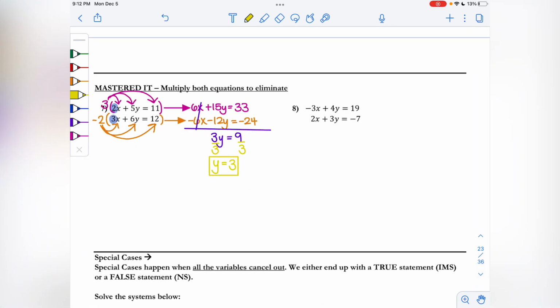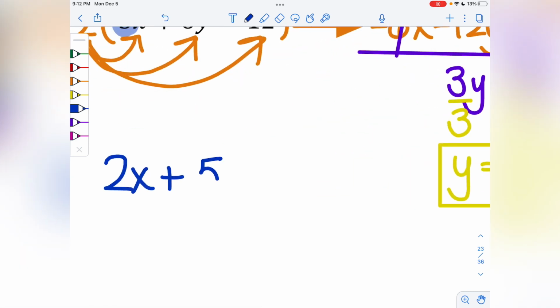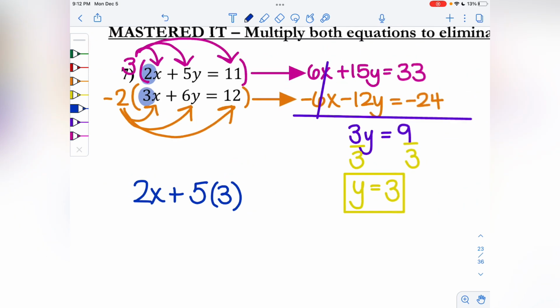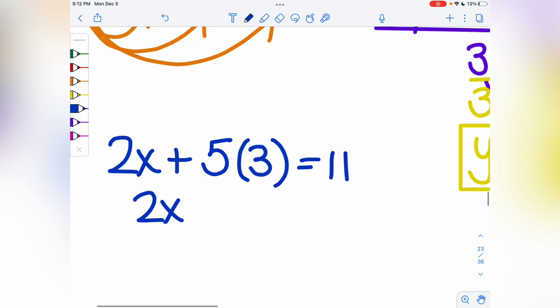All right, now I'm not totally done. I'm going to plug back in to solve for x, and I'm going to plug back into either of the original equations. I think the top one looks easier, so that's going to be 2x plus 5y. But I know that y is 3. So I'm going to plug in 3 for y equals 11. So that's 2x plus 15 equals 11.